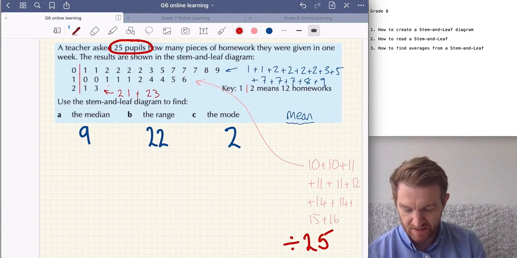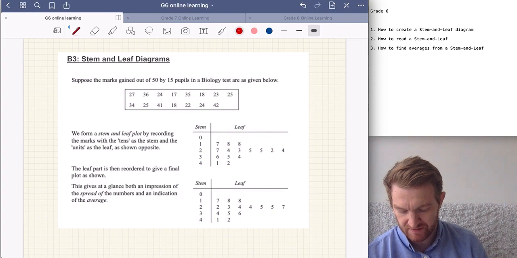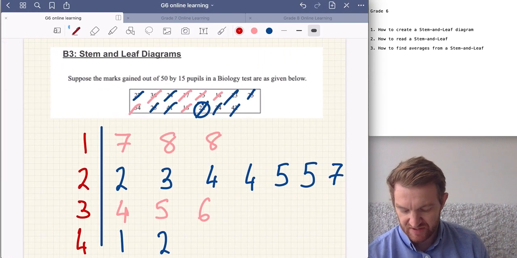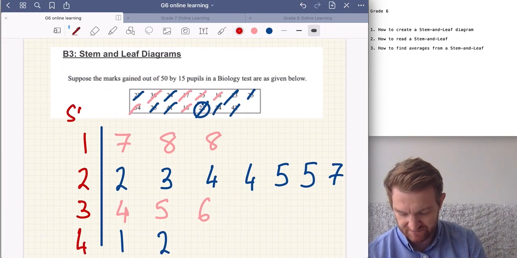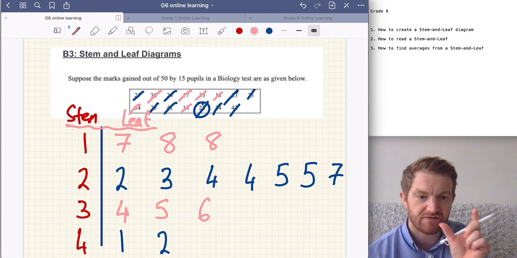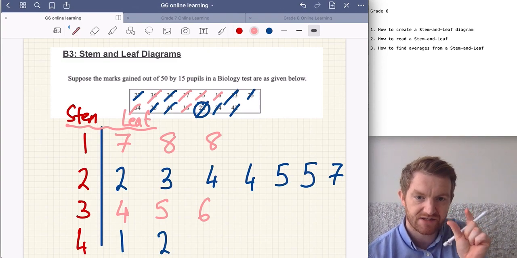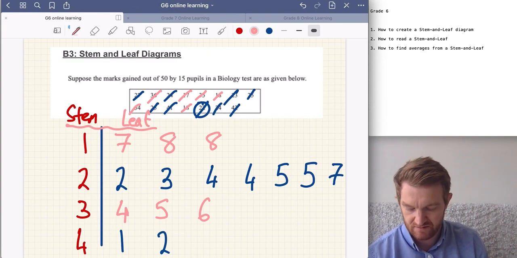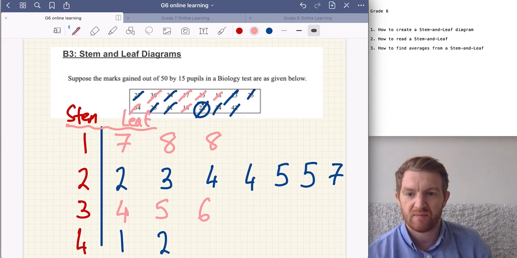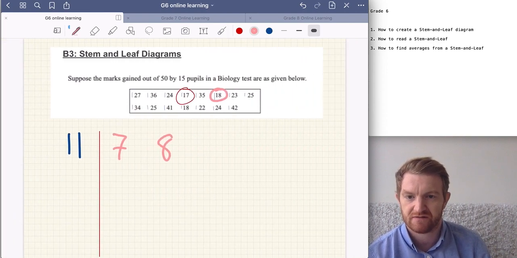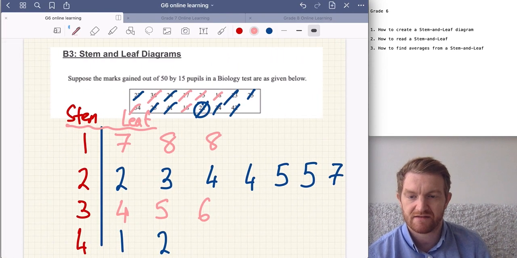So let's recap stem and leaf, just very quickly. You've got stem on the left, leaf on the right. The stem is the first part of the number, the leaf is the last digit, so in this case it's the units. We do a line to split them up, like so. We can do it with hundreds or tens.